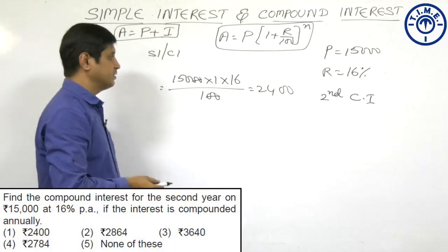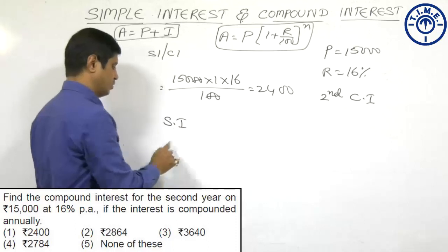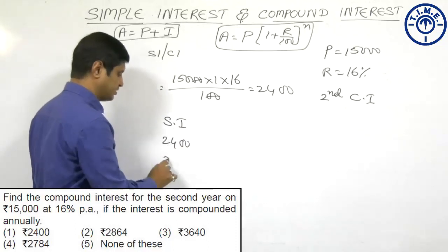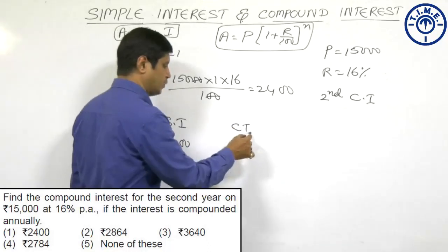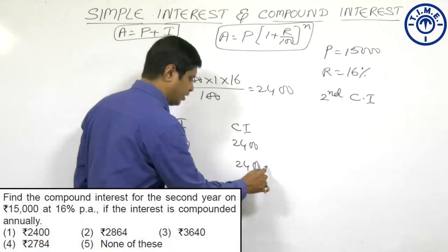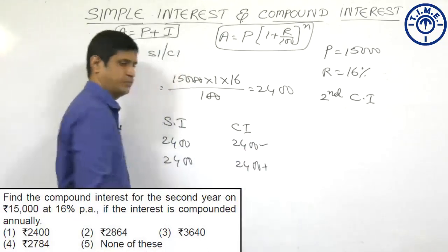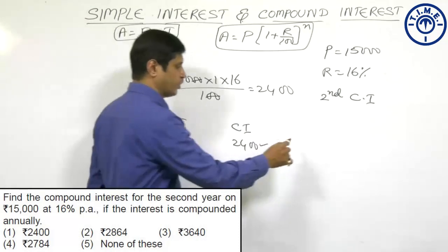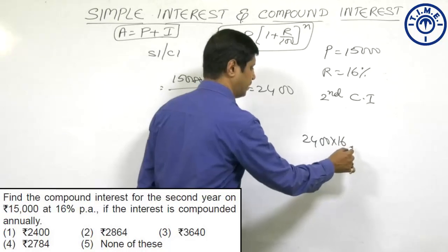Now, what is the second year compound interest? Simple interest first year 2400 means second year we also get the same 2400. Whatever the compound interest first year 2400, second year 2400 plus we need to charge interest on the previous value. What is the previous value? 2400. On this 2400 now 16%.